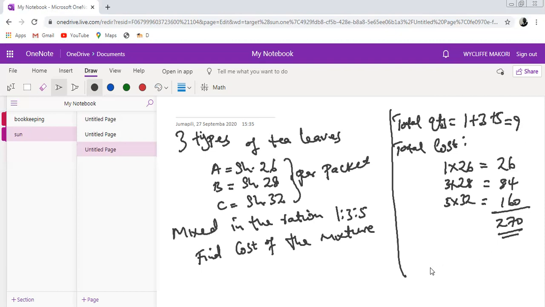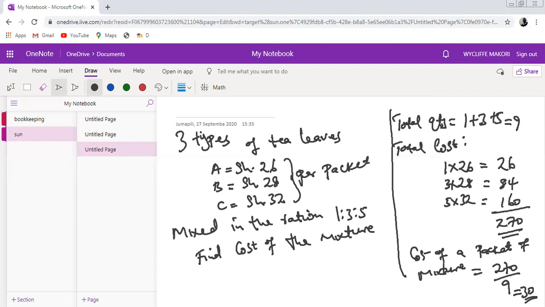So the cost of a packet of mixture will be given by the total cost, 270, over the total quantity, 9, and you'll find that each packet will be costing 30 shillings.